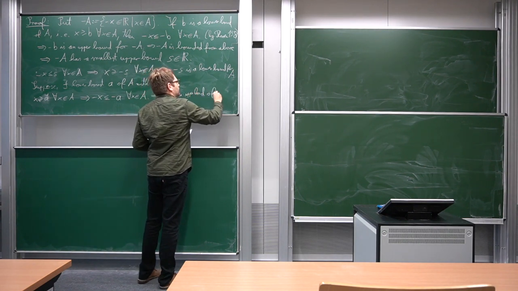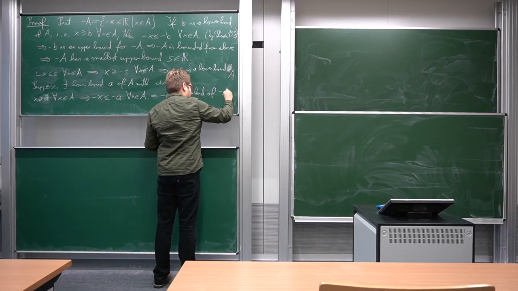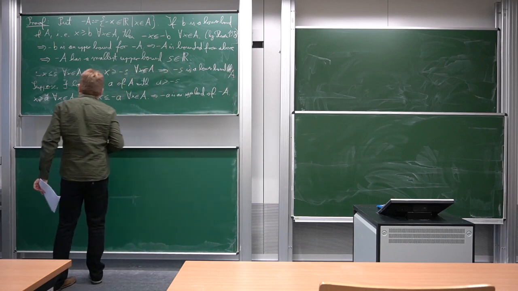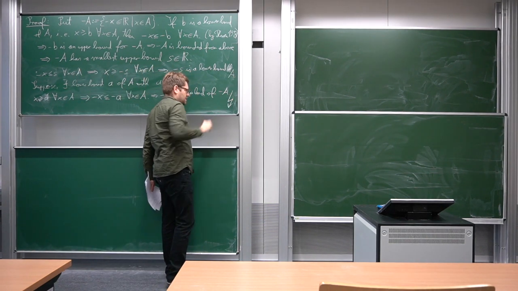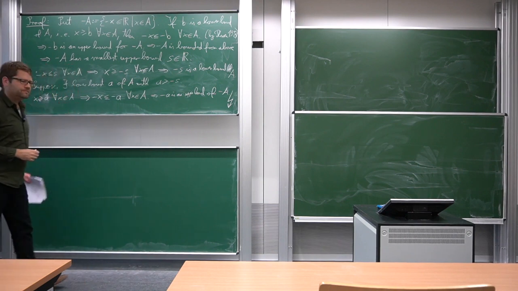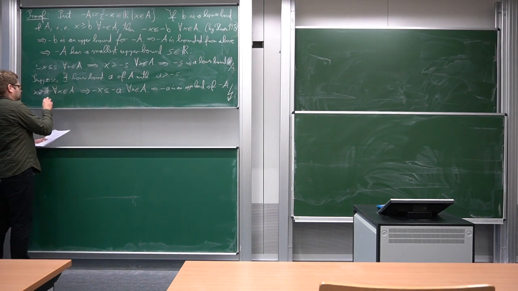An upper bound of minus A. But this is a contradiction. And the contradiction we always denote by this lightning crashing in. Namely, why is this a contradiction?